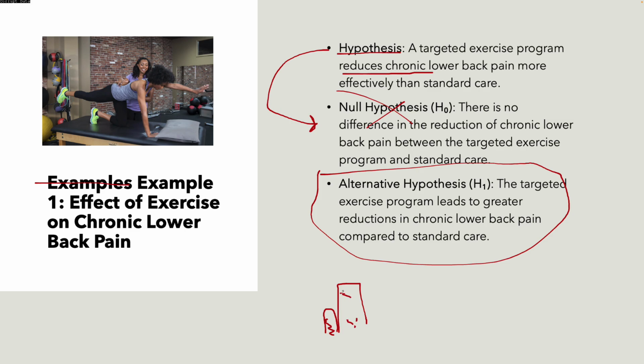This group that did normal care had more pain, let's say that this is pain, reported significantly higher pain than the group here that did this targeted exercise program. So this would prove that our null hypothesis is inaccurate and our alternative hypothesis is accurate.